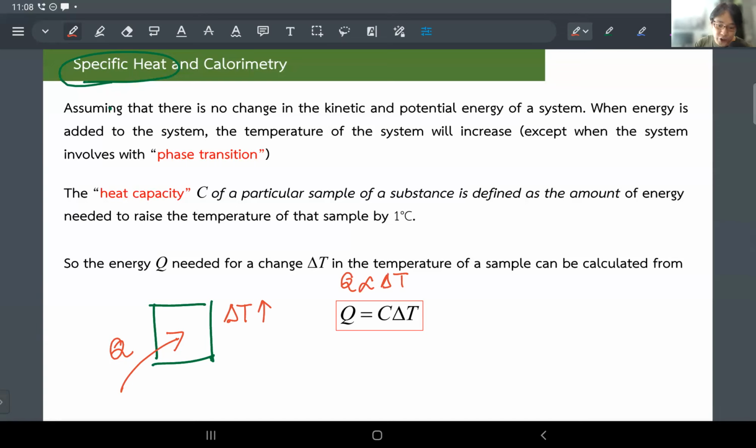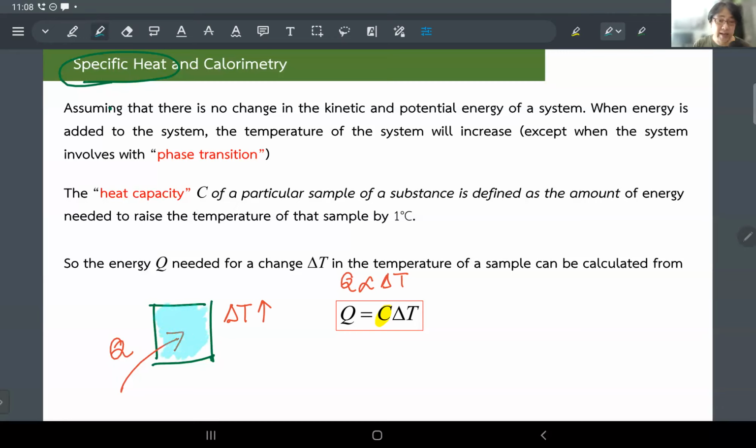I'm going to turn this proportional relationship into an equation by having an extra constant in the front. The delta T will be big or small. Not only will Q determine the change of delta T, but you have to think of the object itself.